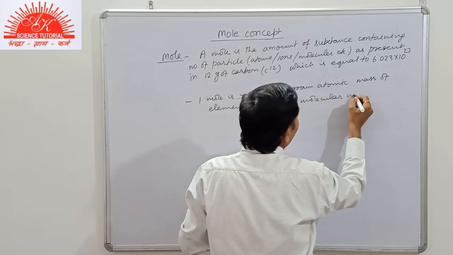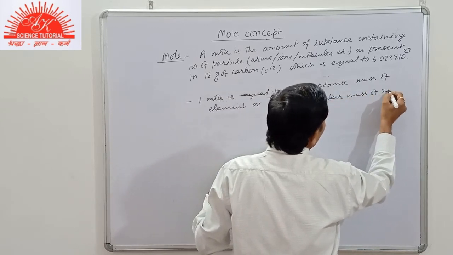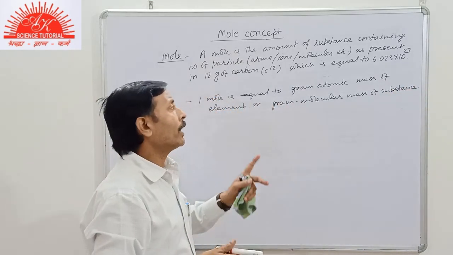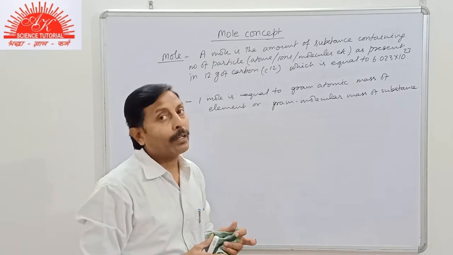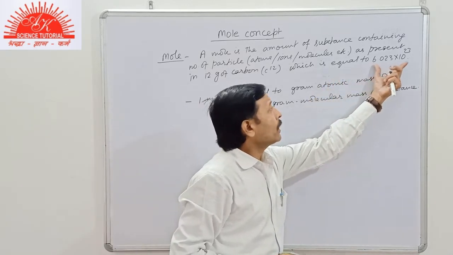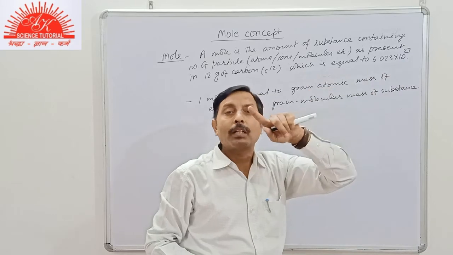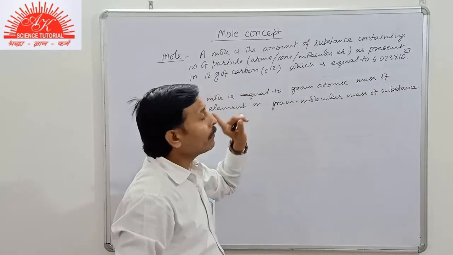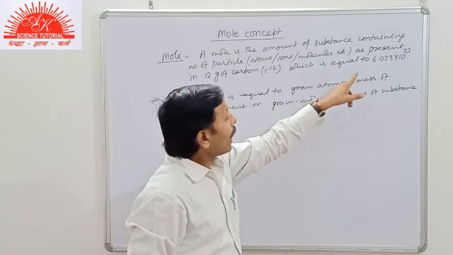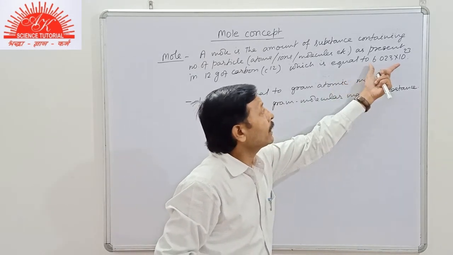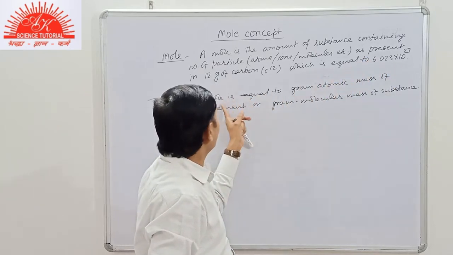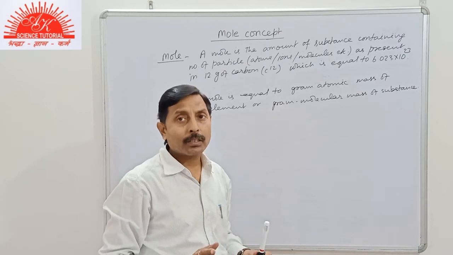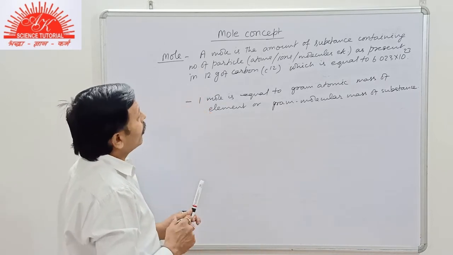Because now you have studied that while studying the Avogadro's law, we have used that the mass of this much number of atoms will be equal to gram atomic mass. Hence, it is equal to 1 mole of element. Similarly, gram molecular mass of substance contains this much number of molecules. So 1 mole is also equal to gram molecular mass. Clear, students? So this is the amount of material.